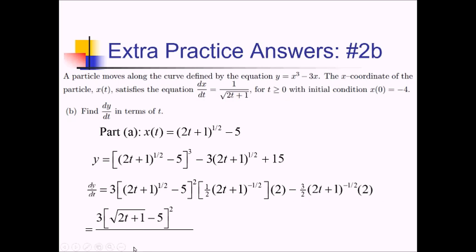So 2 radical 2t plus 1. And it looks like actually this 2 downstairs and this 2 upstairs are going to cancel, so I'm not going to bother writing that down there. Next up, and this is kind of interesting, this 2 and this 2 cancel, so you really have minus 3 over radical 2t plus 1. That happens to be the same denominator as we have right here. So if I'm subtracting 3 over this stuff, why don't I just move that minus 3 into the numerator there? So this is the fully simplified version of this that we're now going to use in later parts of the problem.